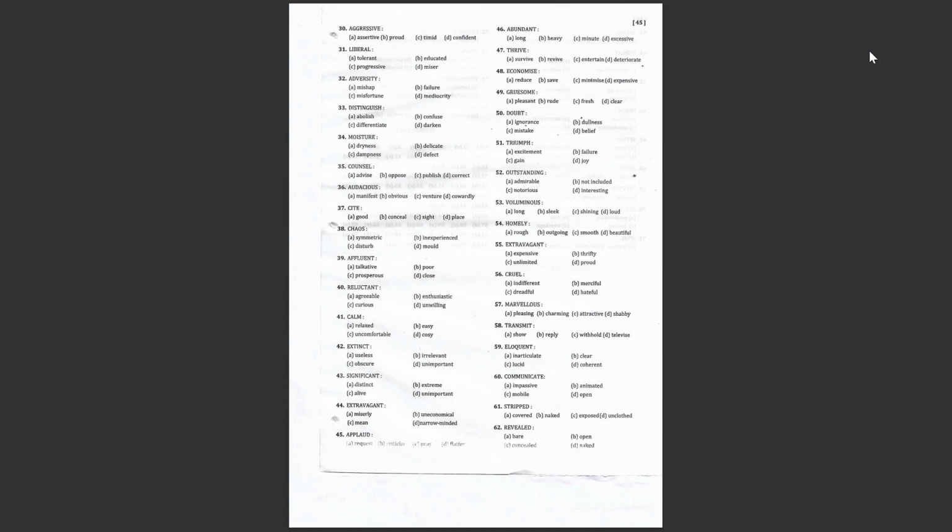That's how badly he was beaten by the police, that he was stripped off all his clothes. So stripped is to make the surface bare. That is what stripped is. And this is not striped, it's stripped. So here the correct antonym of stripped would be option number A, covered, ढके रहना.